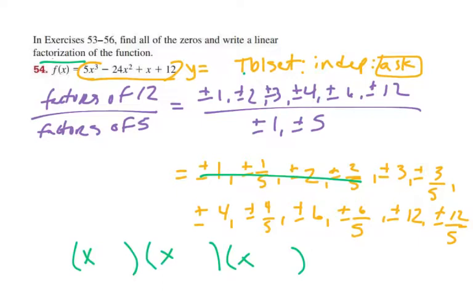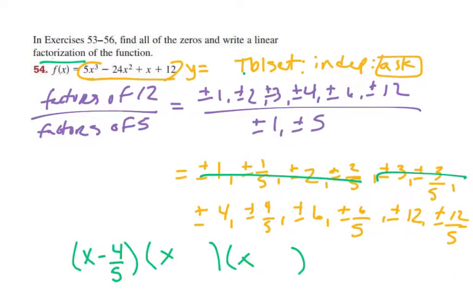Alright, then we have 3, and negative 3, and 3/5, and negative 3/5. Wow. And 4, and negative 4, and 4/5. 4/5 works, yay! So, positive 4/5, meaning the factor is negative 4/5.